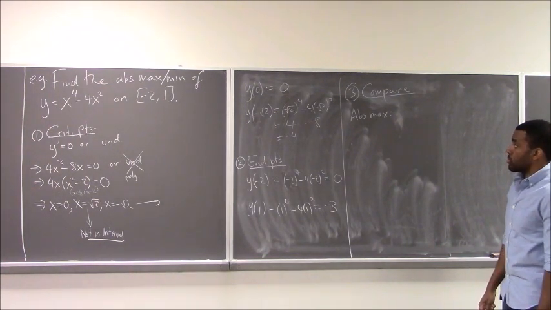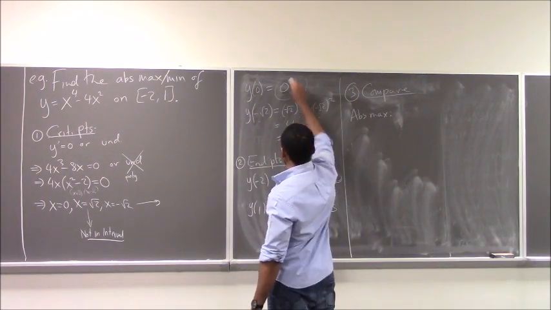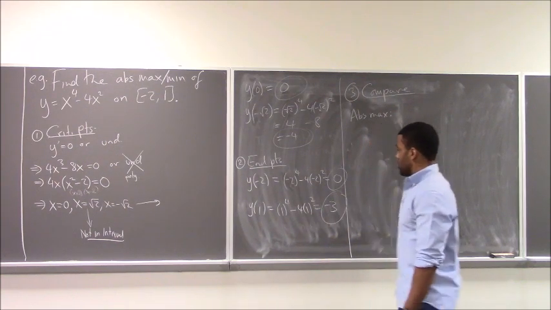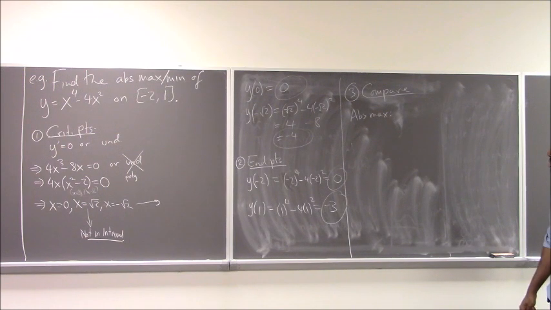Is -2 the absolute maximum? Well, here, all the y values we want to consider are 0, minus 4, 0, minus 3. So then what's the largest y value?